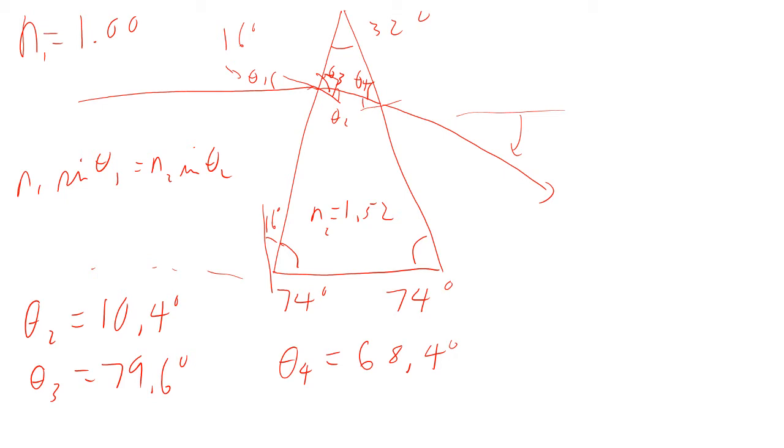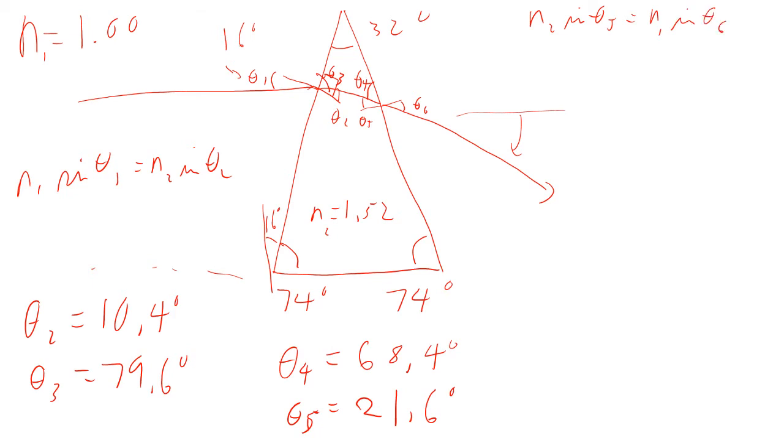Okay, so now we want theta 5. Theta 5 is going to be 90 degrees minus 68.4 degrees, so that's 21.6 degrees. Okay, now we want theta 6. Well, N2 sine theta 5 equals N1 sine theta 6.